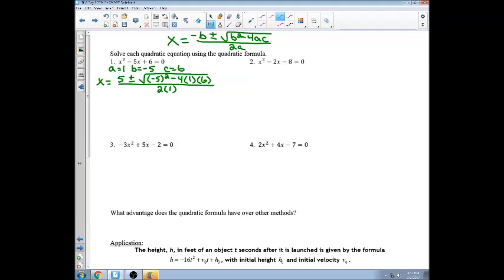Now, we don't have a lot of room, so I'm not going to force you to write this entire thing out. What you can do is take what is underneath of the square root, parenthesis negative 5, parenthesis squared, minus 4, parenthesis 1, parenthesis, then parenthesis 6, parenthesis. You can type that straight through in your calculator.